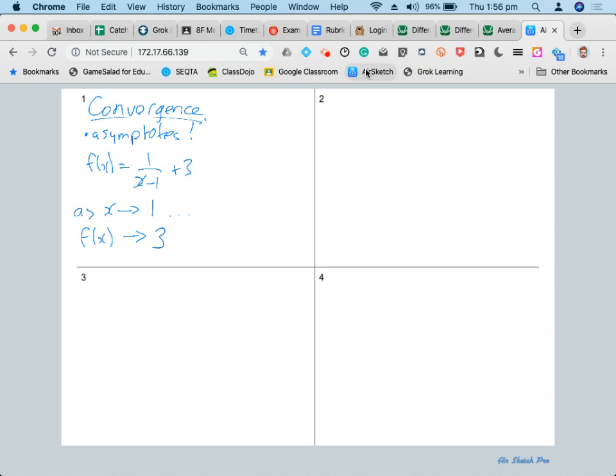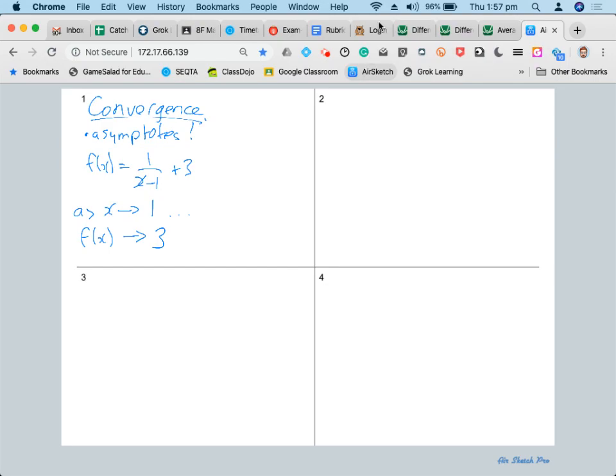Because when it gets really, really close to 1, this is getting really, really close to 1 over 0. Now, 1 over 0 is not defined, which is why we can't say there is a value at x equals 1. Instead, we talk about what happens as x approaches it. And typically, we say as x approaches it from one side or the other.